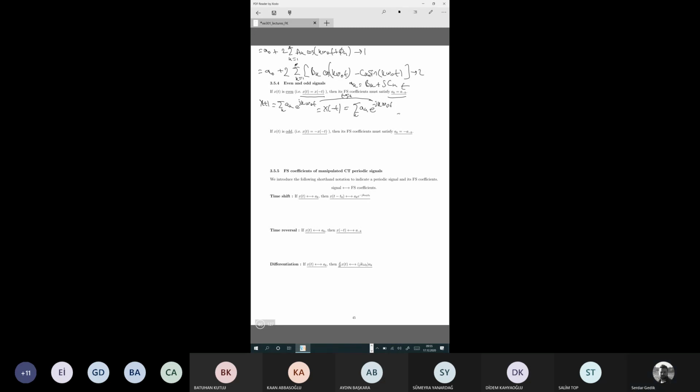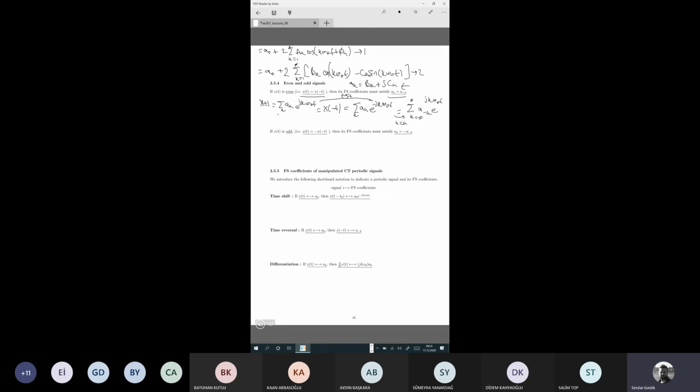Now if you make a change of variables from k to minus k, then you have summation k from minus infinity to plus infinity of a minus k e to the power j k omega 0 t.